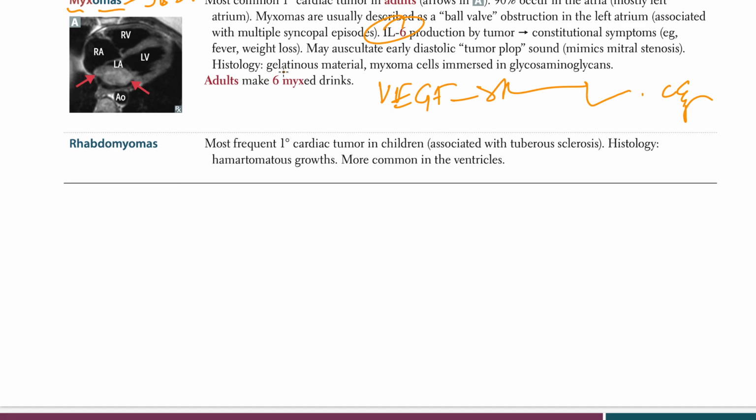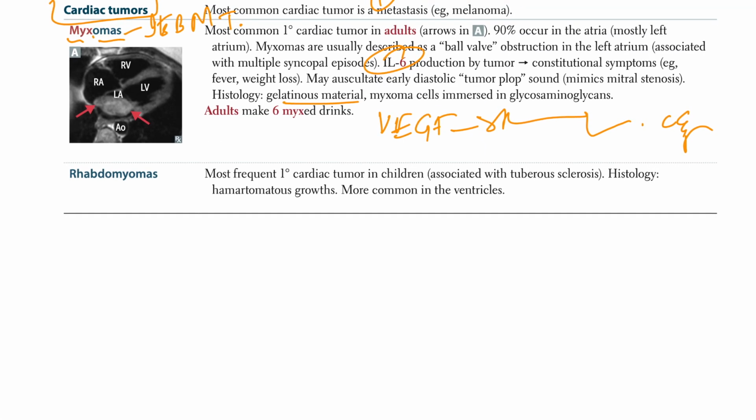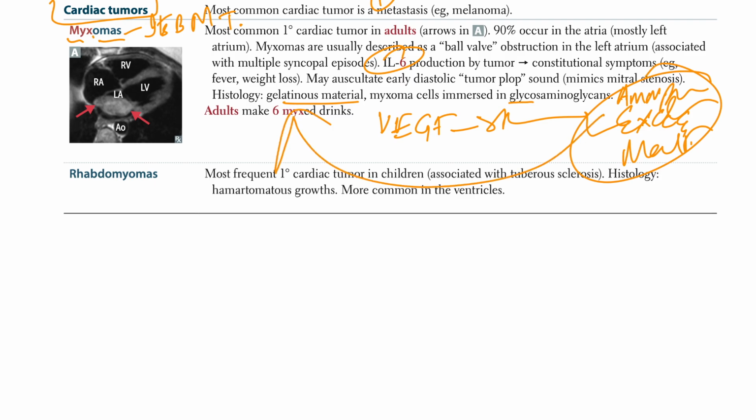And this gelatinous material, which are again myxoma cells, these same cells immersed in glycosaminoglycans. Here on histology, they will not say all of this, but they will say amorphous extracellular matrix, which simply means that there is gelatinous material with glycosaminoglycans.